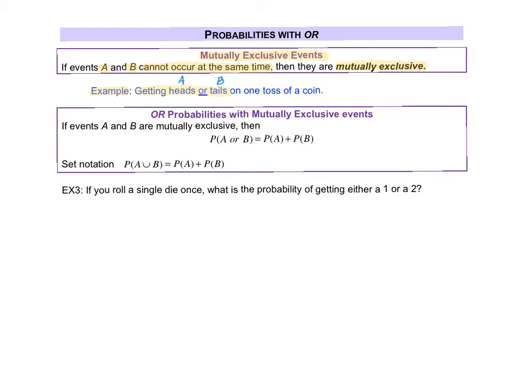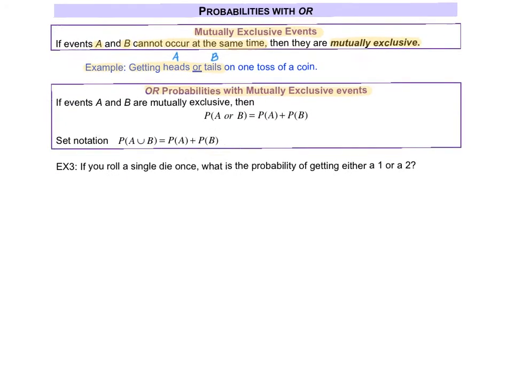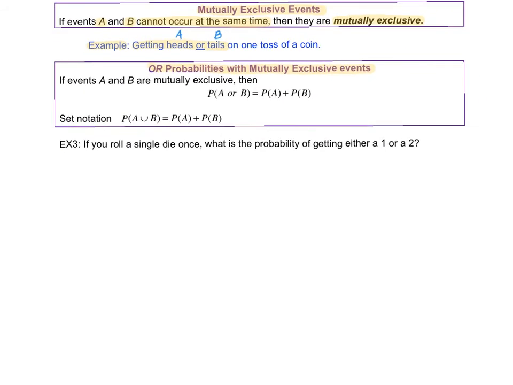They're mutually exclusive. The formula that we use in an OR probability with mutually exclusive events is an addition formula. Now, most of our probability formulas are strictly multiplication. You see the counting problems that we looked at as well with 11.1 through 11.3.